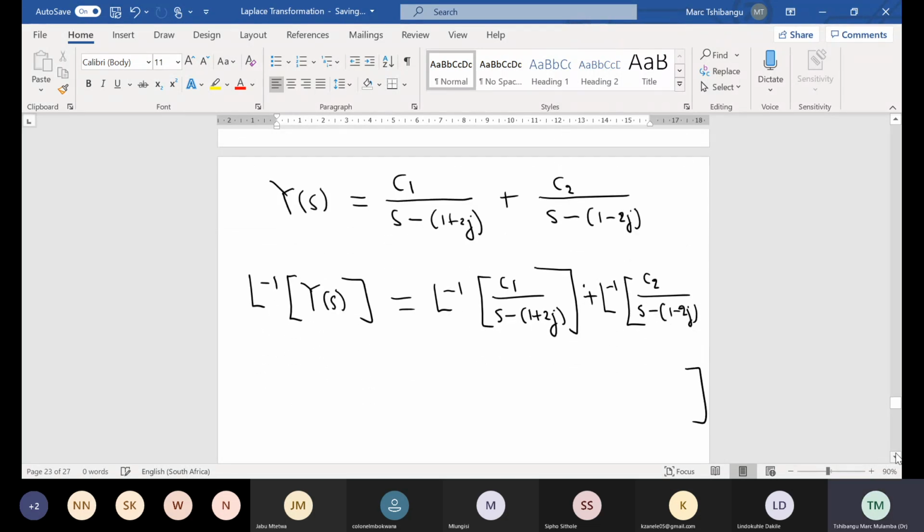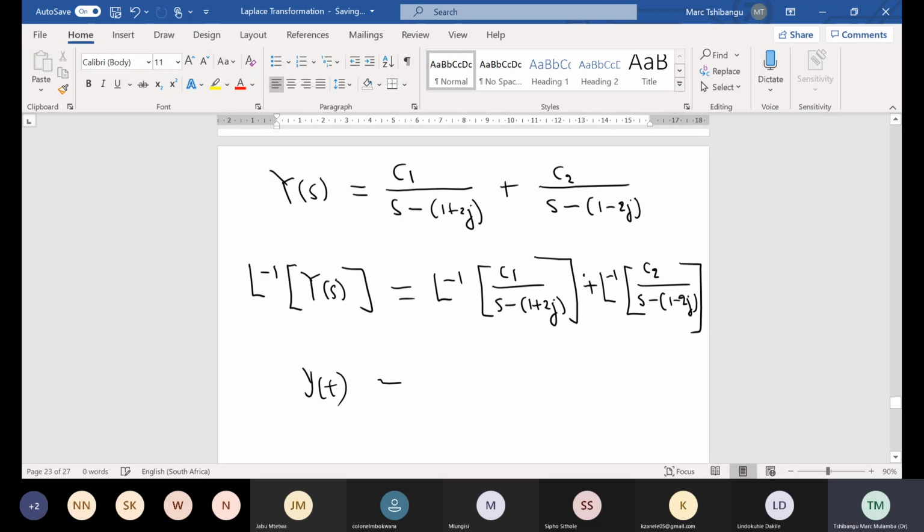All right, so we know that the inverse Laplace transform of capital Y of s is small y of t. We can take out the constant, and I think I need to open another bracket just to refresh your memory. So you have your f of t and your F of s.